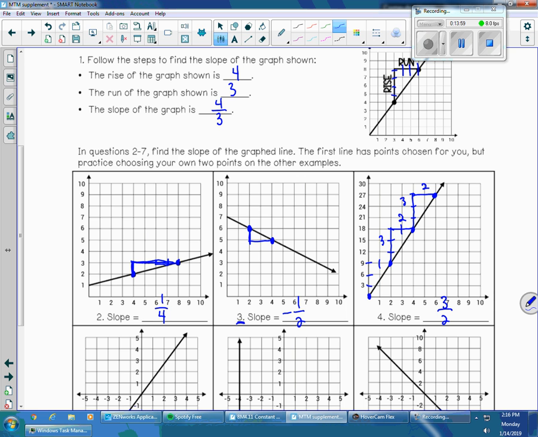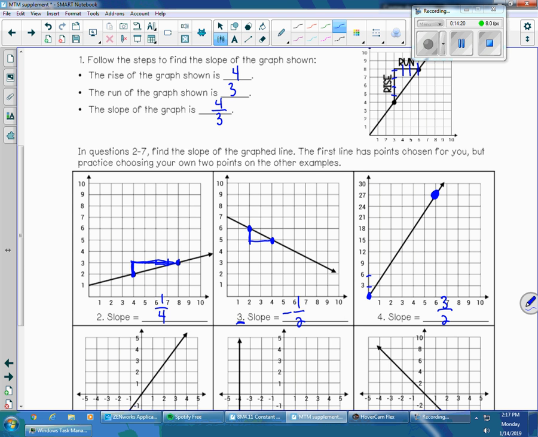So anywhere on this line, I'm going to get the same slope. What if I didn't notice that my line was crossing integer coordinates in between any of these other points, and I went from the origin here all the way up here to this one?